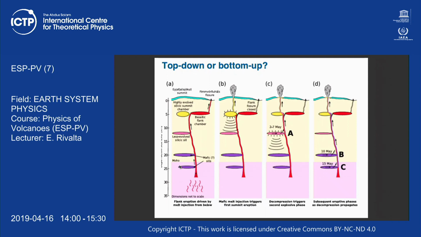It may seem weird to see a migration that goes down and you think what happens, but sometimes it's just pressure. You don't have anything really migrating from the top to the bottom. You have a pressure gradient created by emptying the upper chambers.